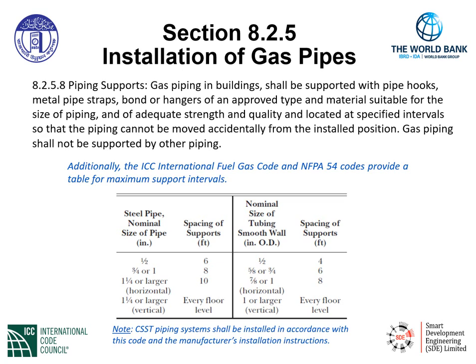We need to look at the manufacturer's instructions because the CSST corrugated stainless steel piping systems have specific fastening requirements according to the manufacturer. So that must be integrated into the design shown on the plans and construction documents so the system can be installed properly according to the manufacturer.